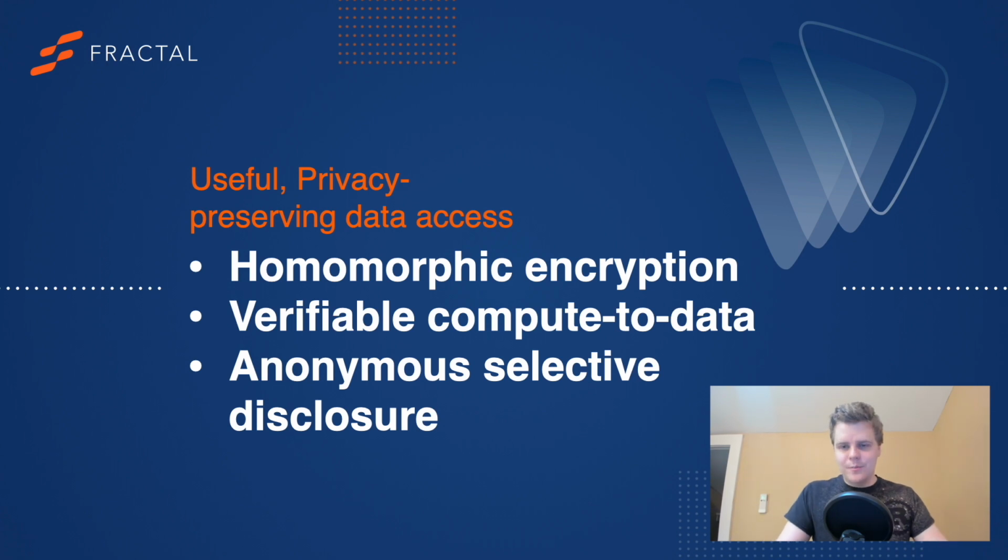You have verifiable compute to data, where it's trivial to send an algorithm to another device, but it is not trivial to verify that that device actually did the algorithm correctly. So if you very much care about the Boolean result of your algorithm, you want to know that the person actually ran this against their data verifiably, but without having actual access to their data.